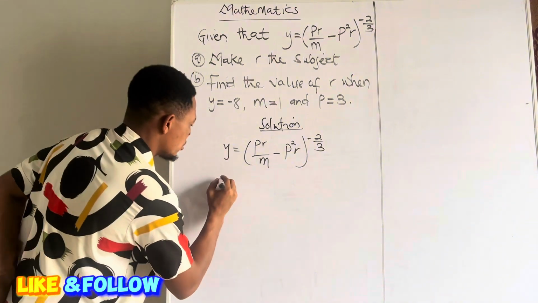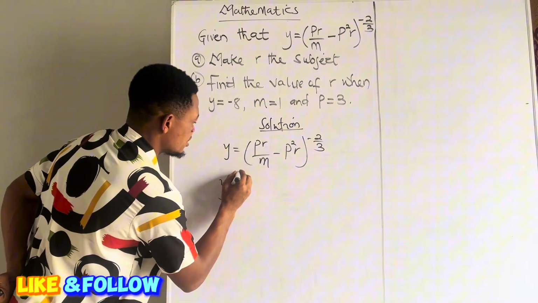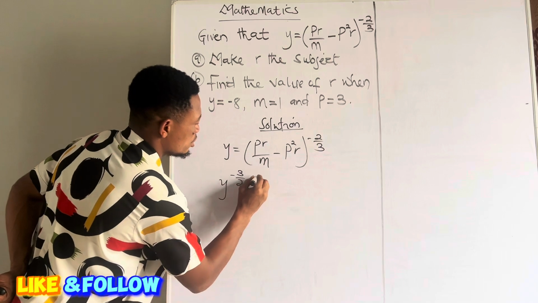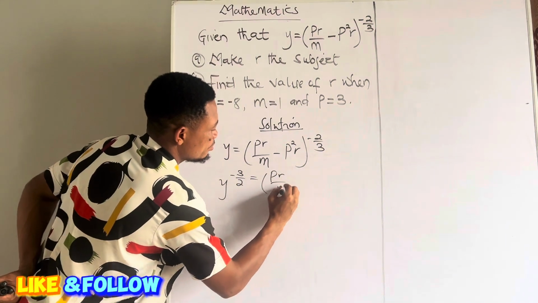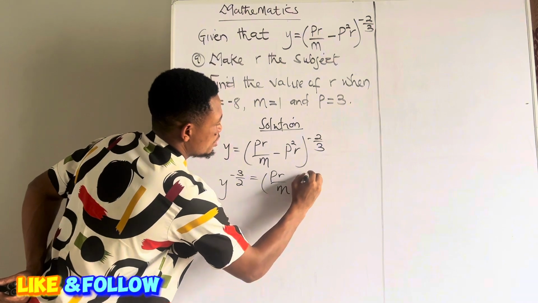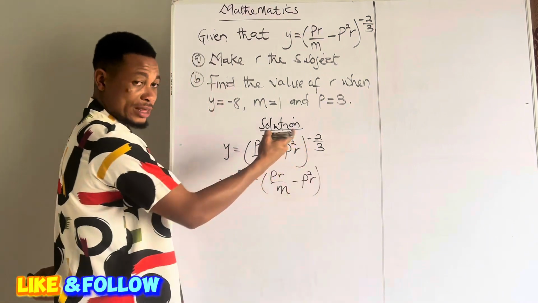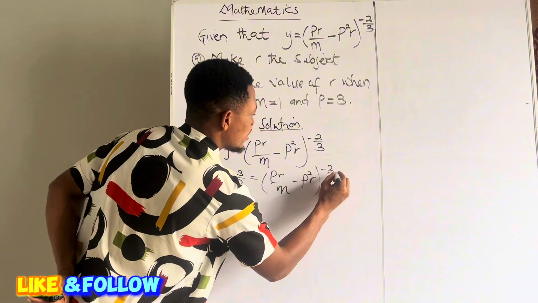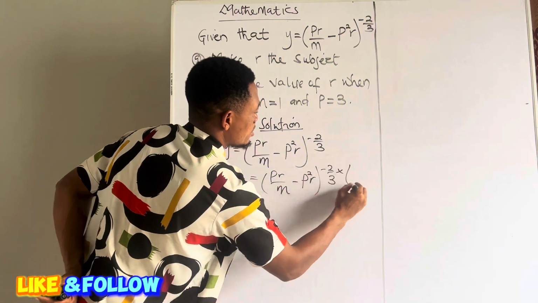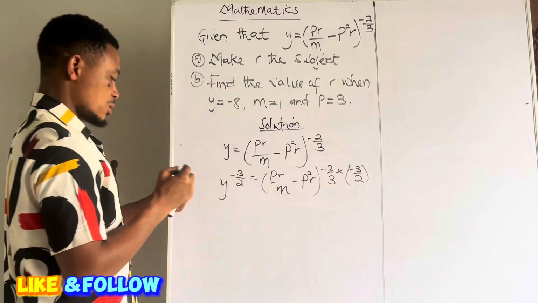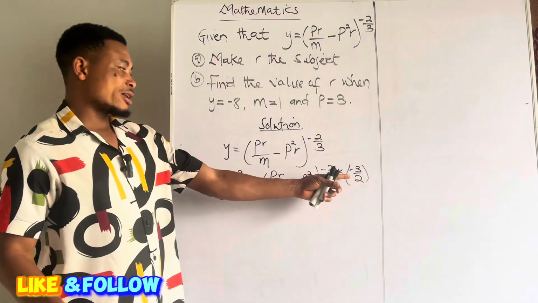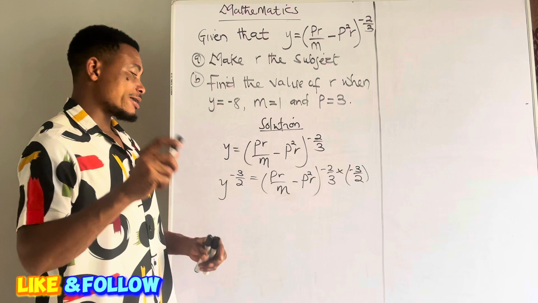So we have y to the exponent negative 3 over 2 is equal to pr over m minus p square r. So this negative 2 over 3 times negative 3 over 2. Remember, we are taking exponents and nothing else.